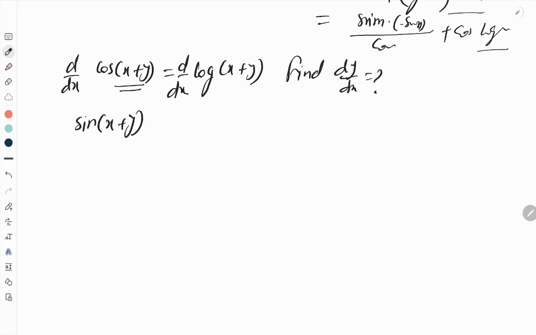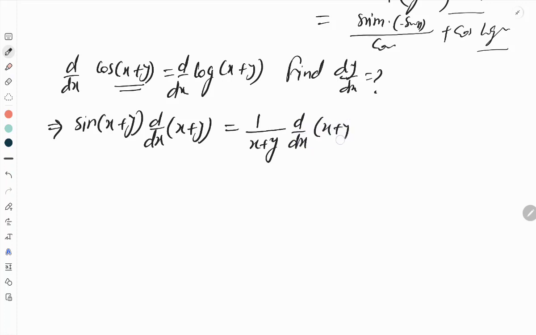So cos x derivative is sin x, so minus sin of x plus y, but it is not x, that's why again the derivative of x plus y, is equal to dy dx of log of x plus y. You know the derivative of log x is 1 upon x. I will treat it like x, then 1 upon x plus y, because it is not x, that's why again the derivative of x plus y.